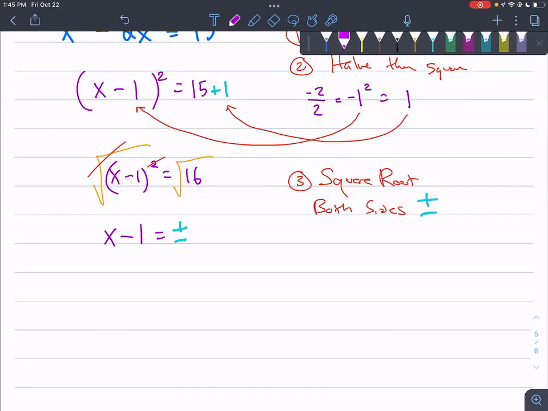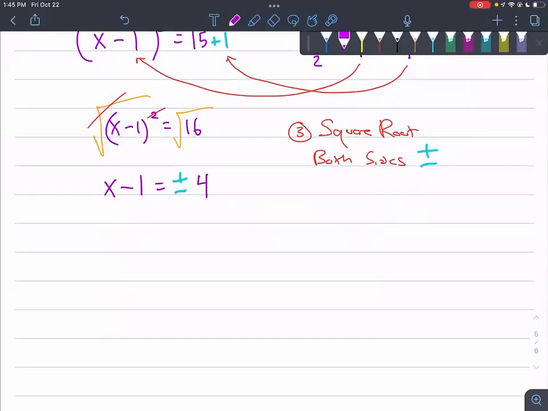Plus or minus what? 4. Square root of 16 is 4. Okay, so then I'm going to write this twice. I'm going to write x minus 1 equals positive 4, x minus 1 equals negative 4.